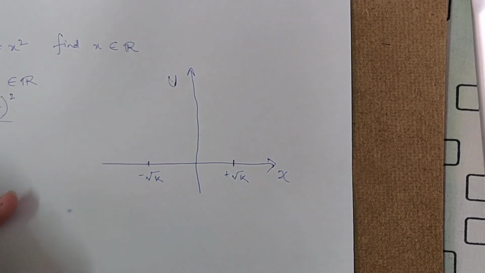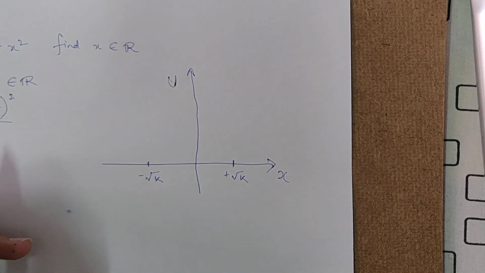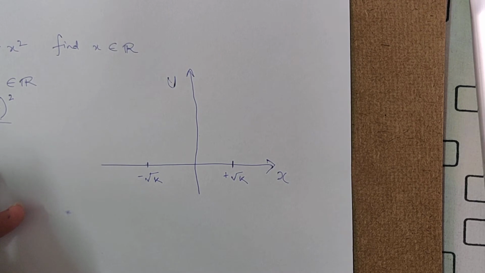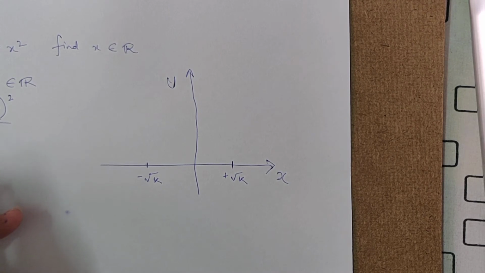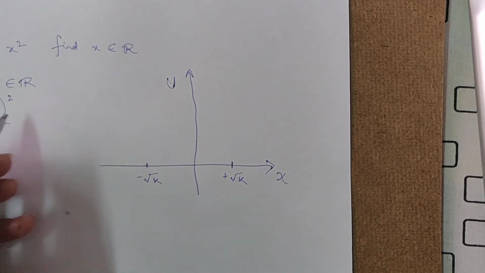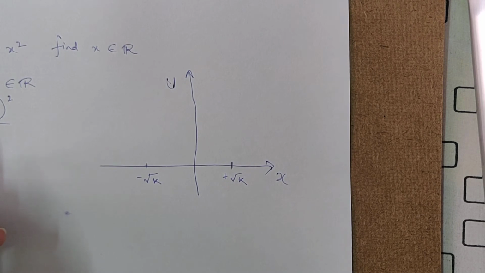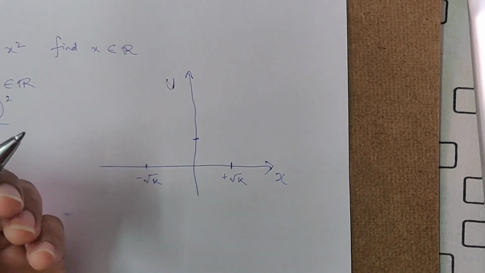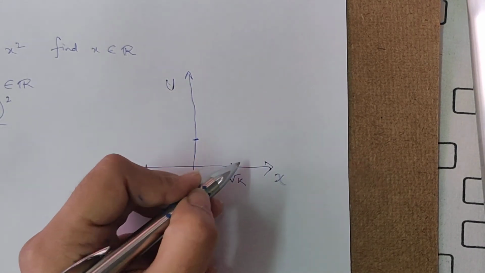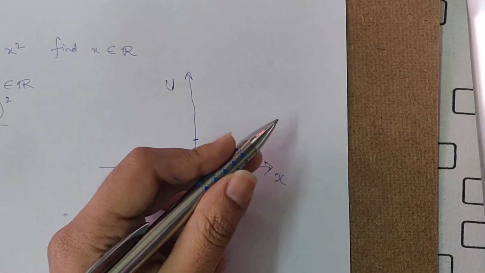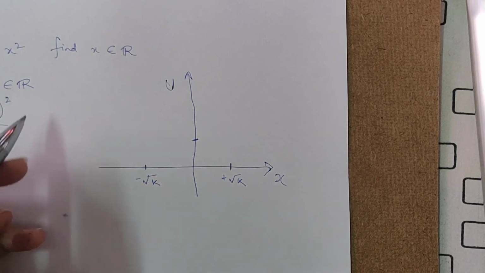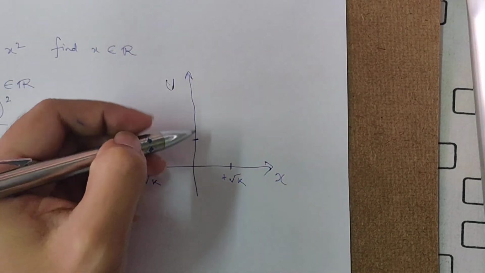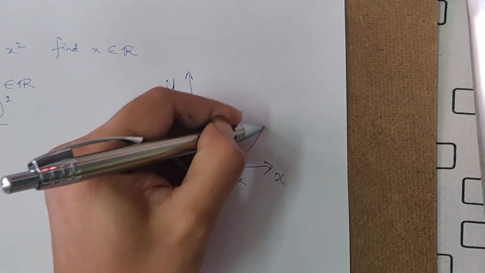At x equal to 0, what is the value of u? At x equal to 0, the value of u will be half k square, as you can see. So it's something positive. And for all positive x's, this is the equation of a parabola. For negative x's, it will be the symmetric parabola. It goes like this.